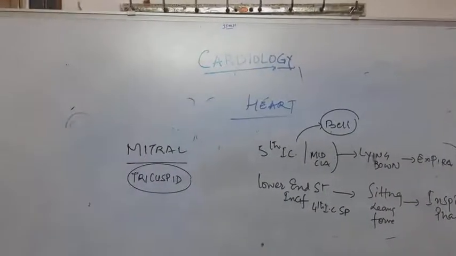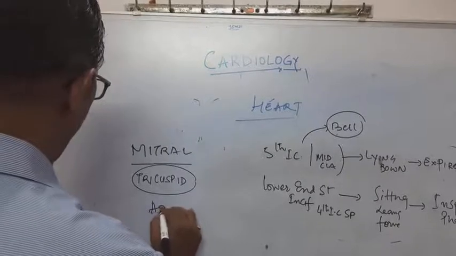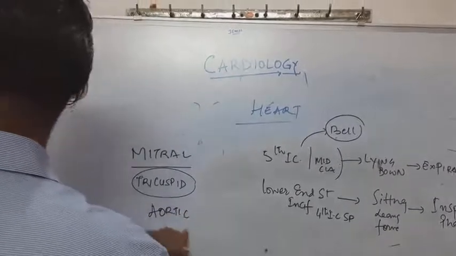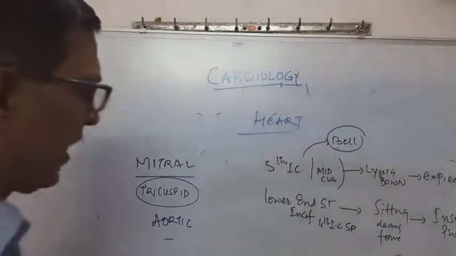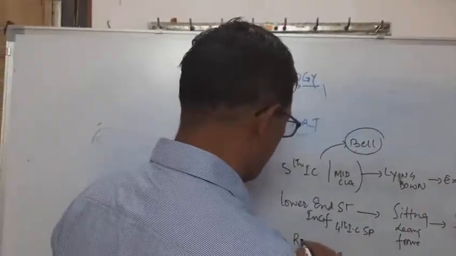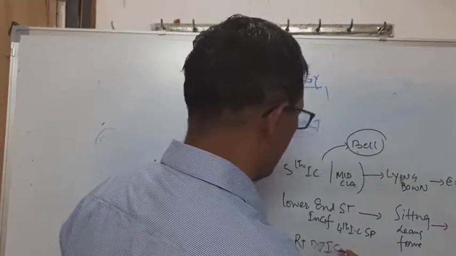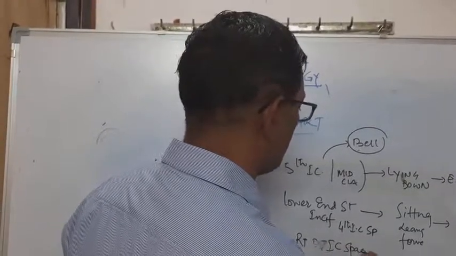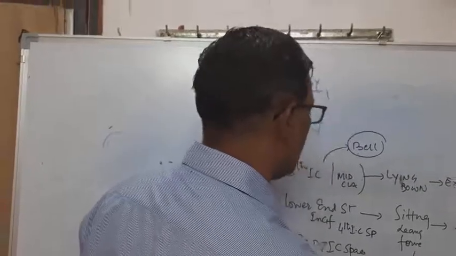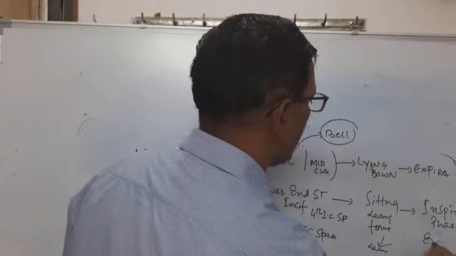Now the third area which you need to know is your aortic area. You have the second right intercostal space. This is again taken sitting and leaning forward. This is taken during the expiratory phase.